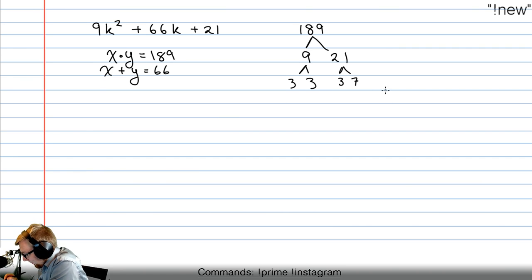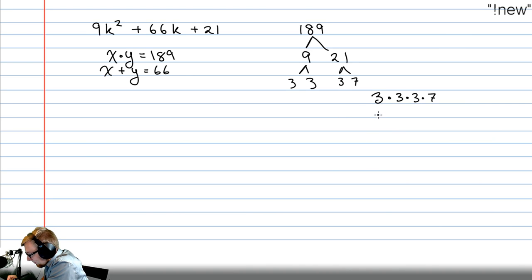Okay, so if you write down all your factors again, 3 times 3 times 3 times 7. What are your different options for two numbers multiplied together to give you 189? The 3 times 3 and 3 times 7. 3 times 3 gives you 9, 3 times 7 gives you 21.